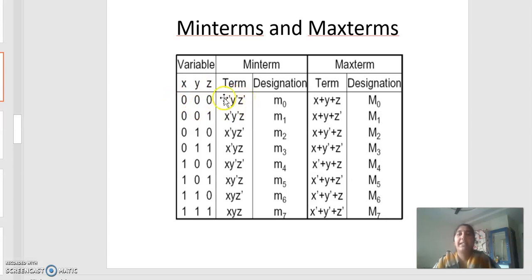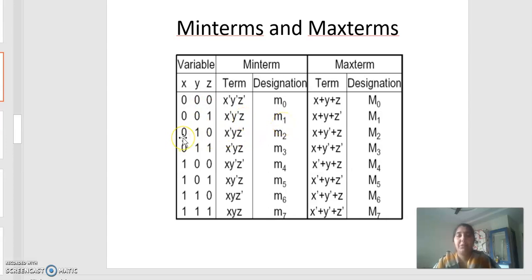And this x dash y dash z dash minterm can be represented as m0. So this 0 denotes the decimal equivalent number of this combination. Similarly, if we take the combination 0 0 1, the product term will be x bar, y bar, and z. And it can be denoted as m1.